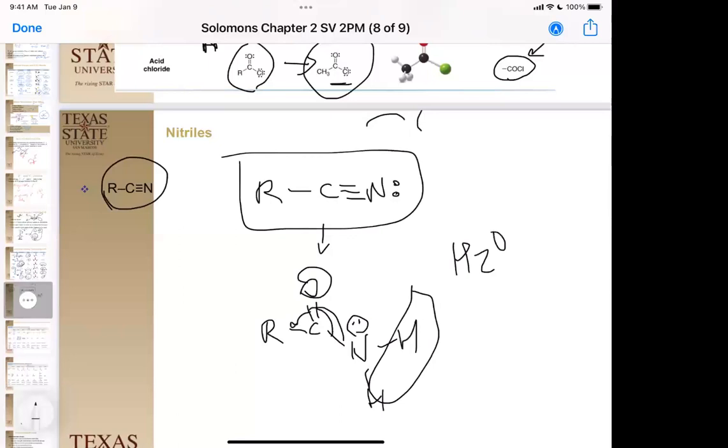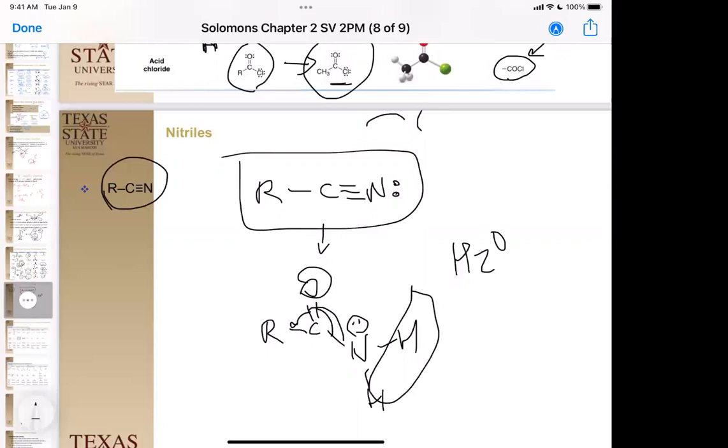So our nitrile is technically a derivative of our amide, but it gives us that new functionality, that C triple bond N. And unlike the C triple bond C, it's polar, and it has different functionality than acetylene has.